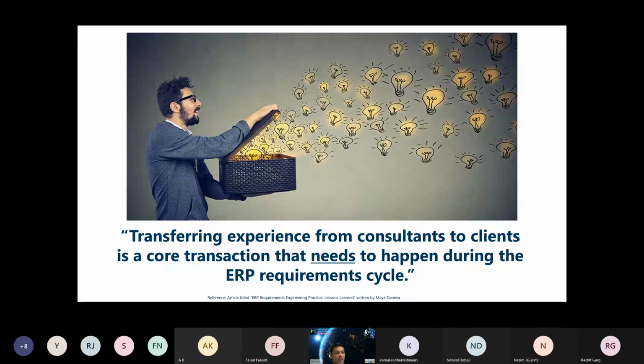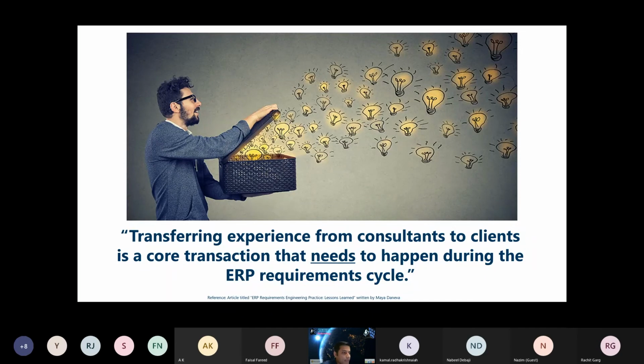So most times we struggle during requirements gathering or analyzing what a business needs due to this specific transaction somehow not happening at all. Or in some scenarios, this transaction being blocked or hurdled by some deadlocks. And we will discuss those deadlocks.